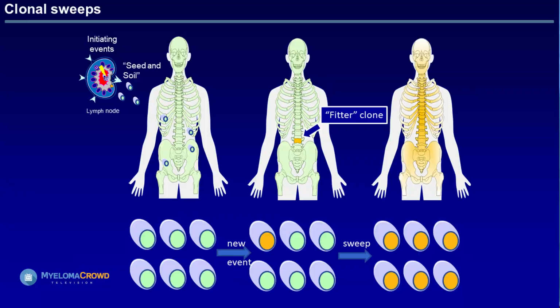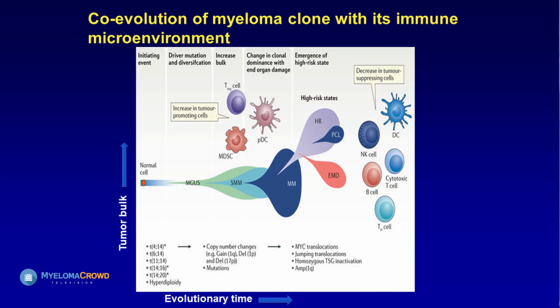So that's the natural progression of myeloma if you do nothing: it gets more and more diverse, grows worse and worse, and the question is, how do you stop that happening, and what does that mean when you choose treatments?